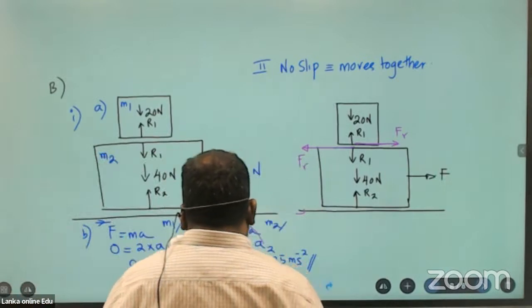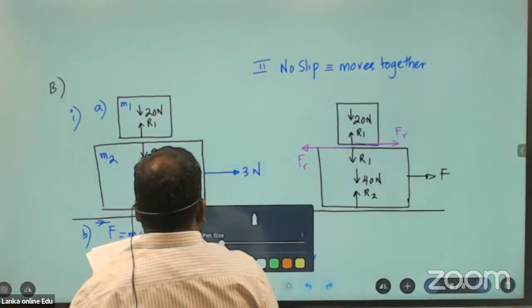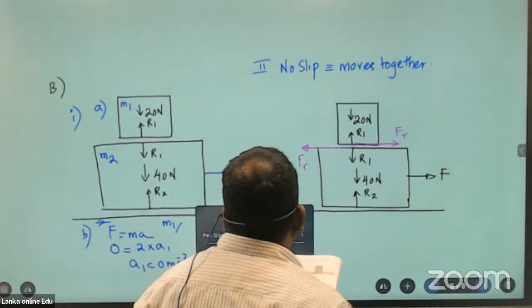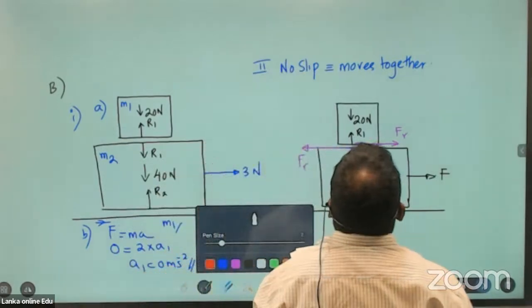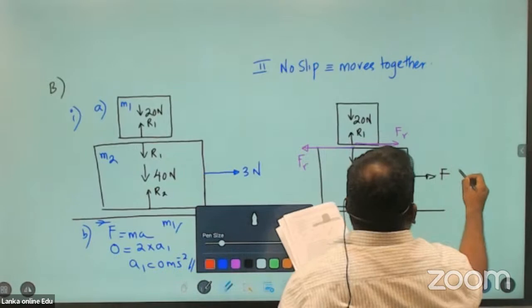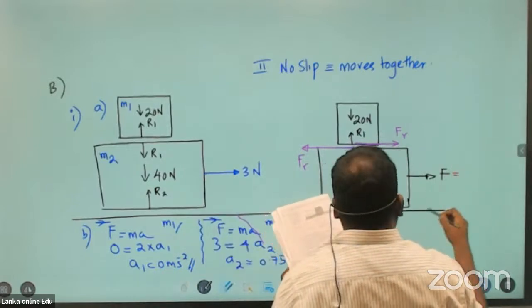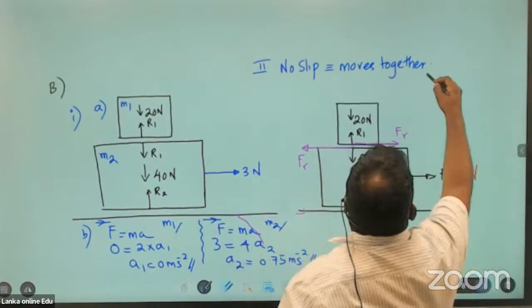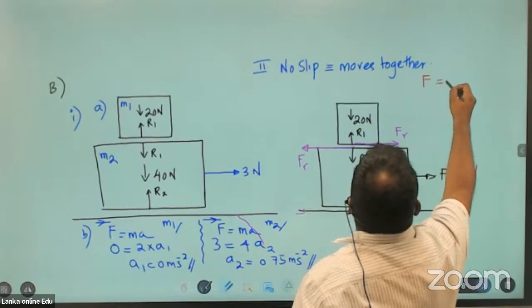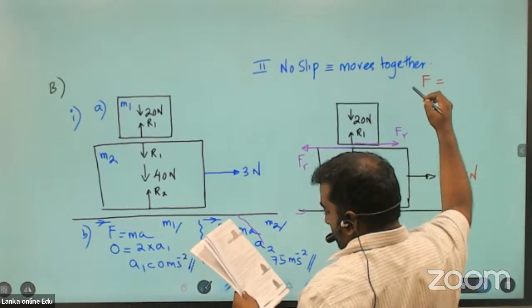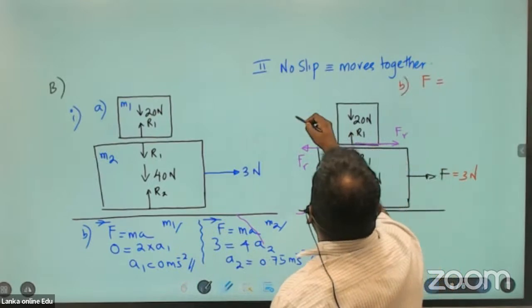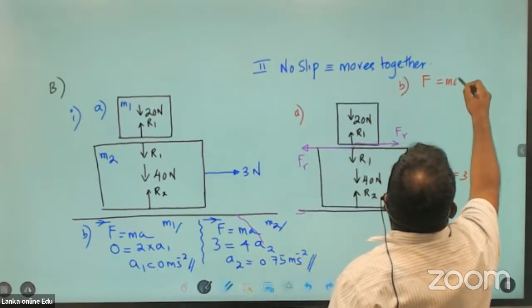So here you will work it out. Very simple. If both of them are going together, force applied is 3 newtons. So I can apply F equal MA for the system.